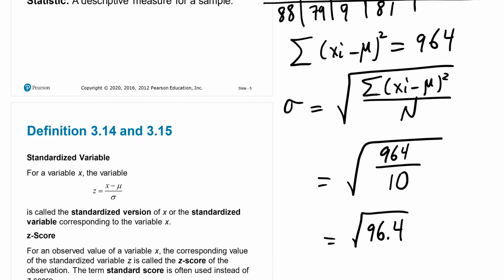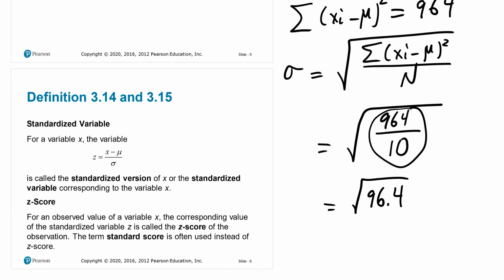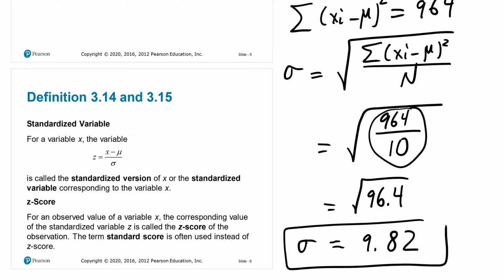Divide on the calculator, then take the square root of this, which is about 9.82. If you don't take the square root, it's not completely done. You must take the square root to find the exact value for the population standard deviation. This is important to know.